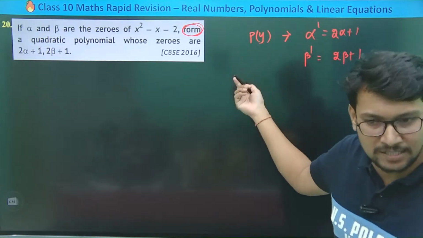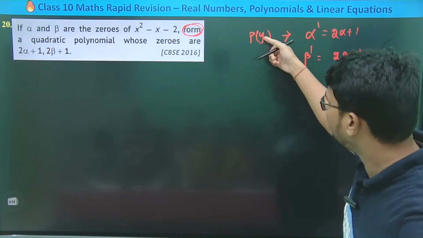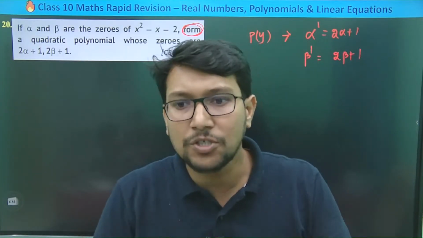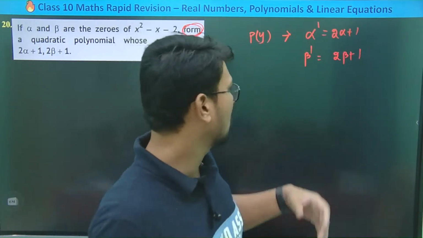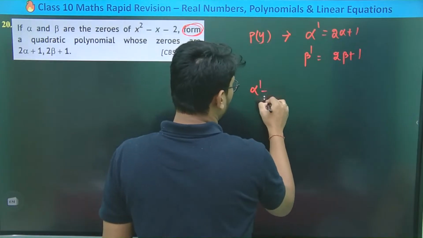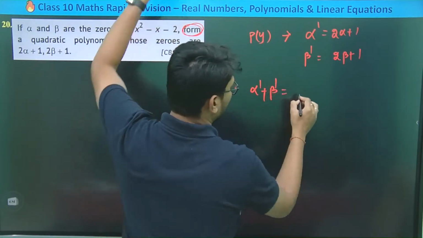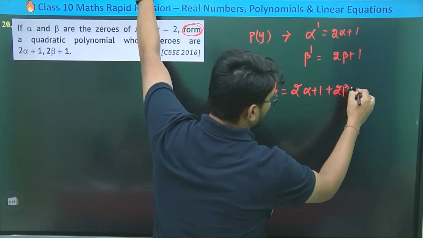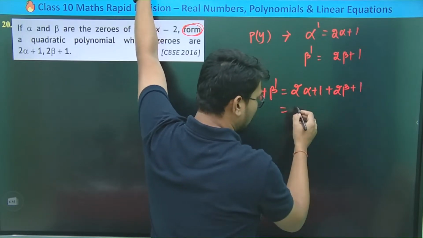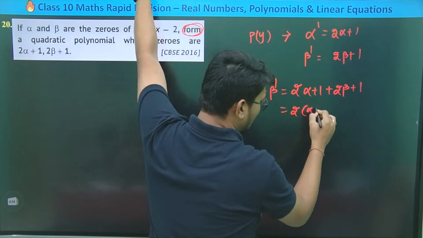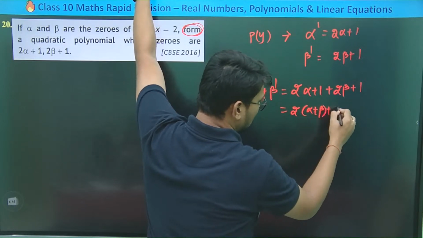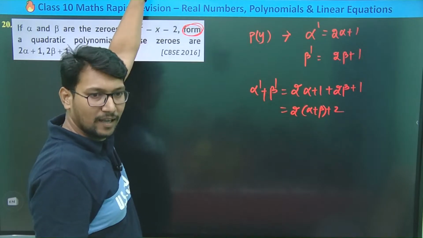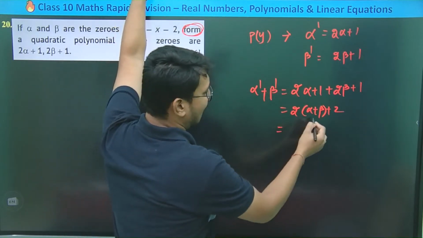Now for forming this polynomial we should write the sum of zeros as well as the product of zeros. Sum of zeros is alpha dash plus beta dash, which is 2 alpha plus 1 plus 2 beta plus 1, that is 2 alpha plus 2 beta plus 2, that is 2 into alpha plus beta plus 2. Got it? Alpha is a zero of this and beta is a zero of this. So what is alpha plus beta?